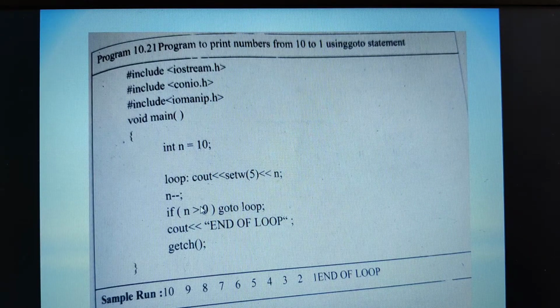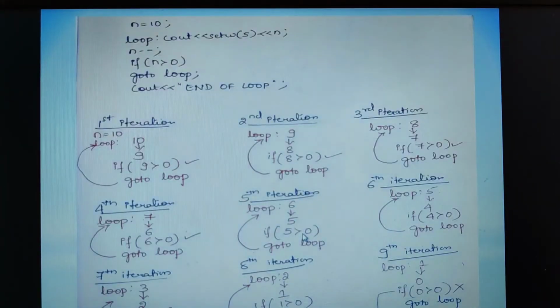Because the condition is failing, this statement will be skipped and the control comes to the next statement, which is written as end of loop. I hope children you are able to understand. Therefore you can see the output as 10, 9, 8, 7, 6, 5, 4, 3, 1 and end of the loop. Let us understand the tracing of this program.